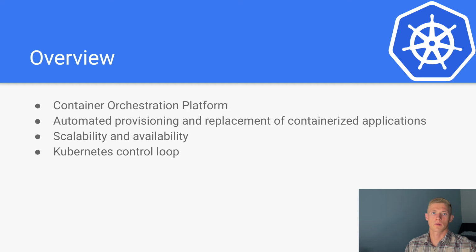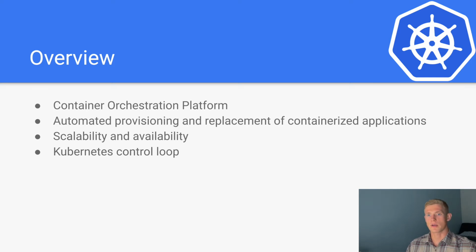So an overview, what is Kubernetes? Kubernetes is a container orchestration platform. What that means is essentially it gives us a whole array of functionality to deploy containers to whatever environment that we want to deploy them to. So it automates the provisioning and replacement of containerized applications.